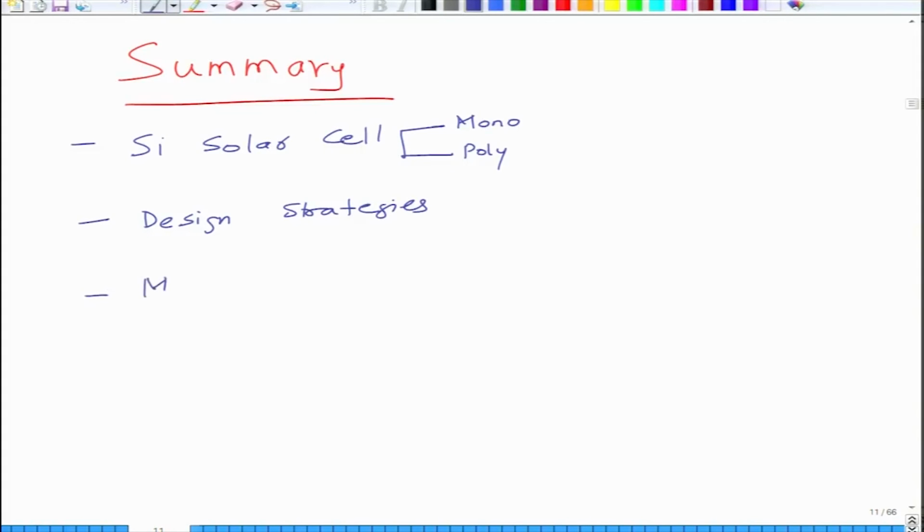We also looked at the manufacturing in some detail, not very detailed, but just a schema, a flow chart of how a silicon solar cell is made. Currently, silicon is the dominant technology in the market.